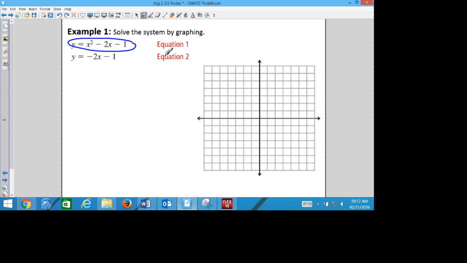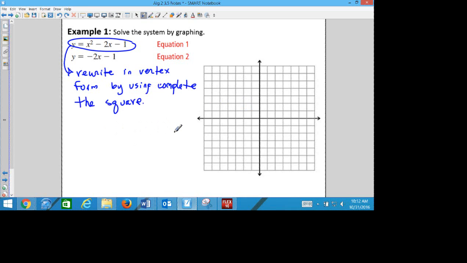Got it? The method that I'm going to choose is I'm going to rewrite in vertex form by using complete the square.